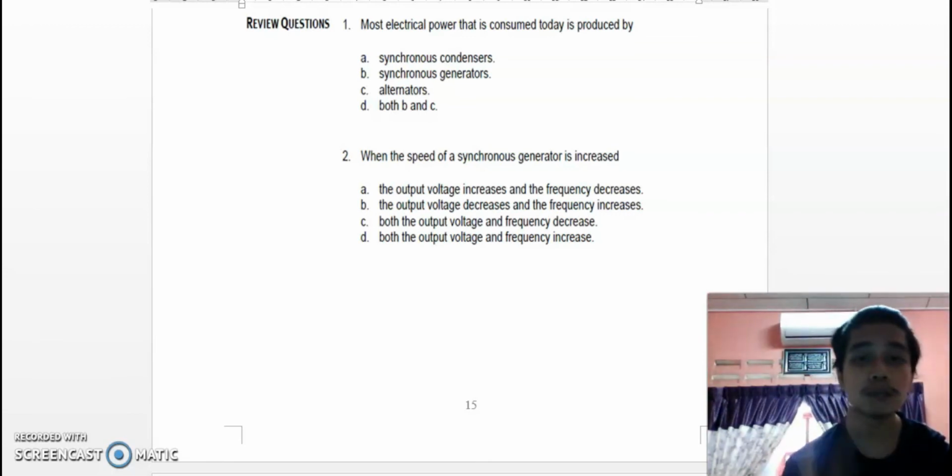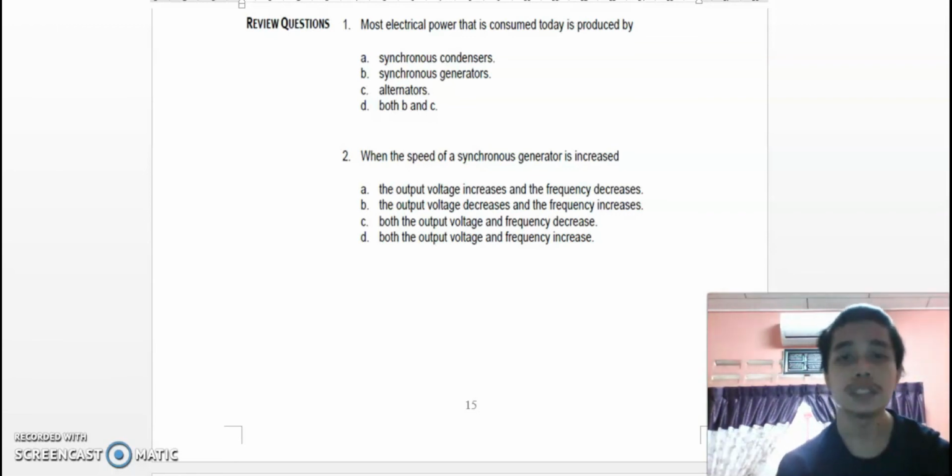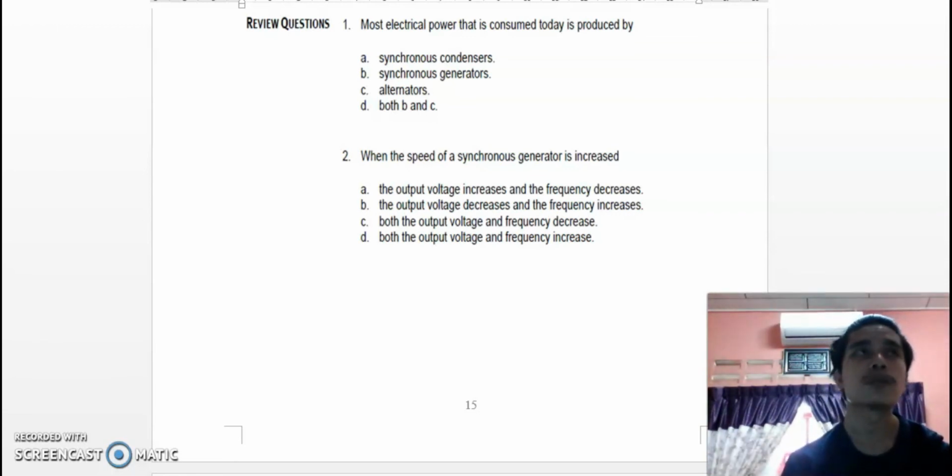So let's go to number 2. When the speed of a synchronous generator is increased, both output voltage and frequency also increase. So let's go through them one by one. A, the output voltage increases and the frequency decreases. It's not the answer.